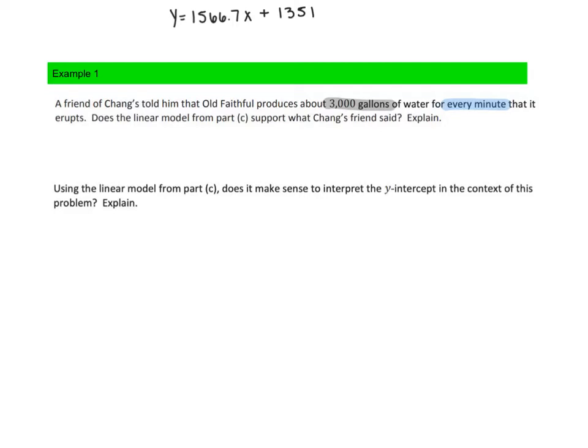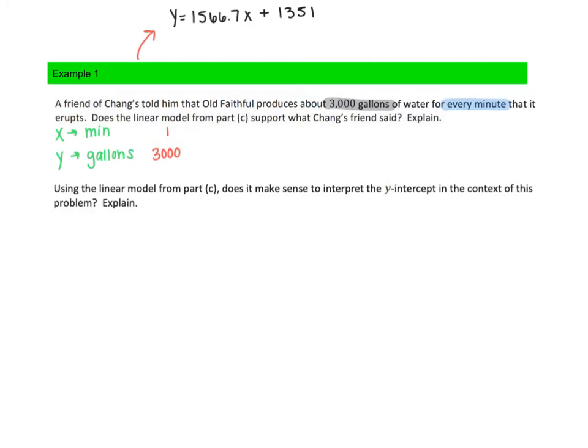So one thing I want to remind you of, we have our x and our y here. X represents minutes. Y represents the amount of gallons. Okay, and this person is saying that with 1 minute we have 3,000 gallons. This is their numbers they give us. And we want to see, does this check out? So what we're going to do is we are going to plug these x and y numbers in to our equation up here and see if it balances out.